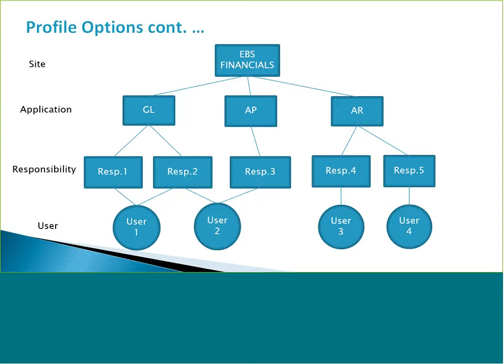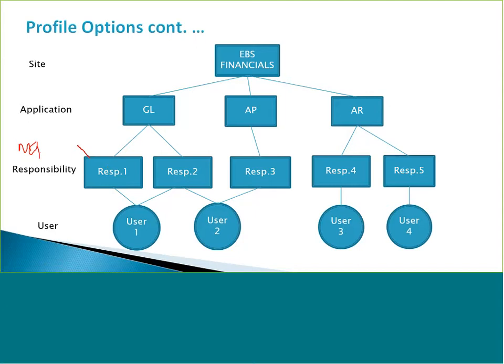So if we assign our ledger, the Mascani ledger, at this responsibility, we assign that Mascani ledger here, Mascani, NA for Mascani. This user will come and they will log in, all right?